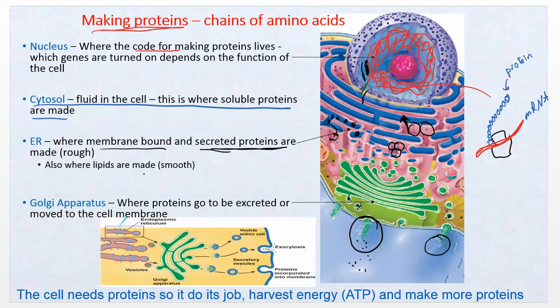Now we do have something called smooth ER, and remember when a cell starts out this big and it's got phospholipids surrounding it, and then it wants to get bigger and bigger, so it's growing. That means we had to increase the number of lipids. We had to add lipids to this outside membrane. That's what smooth ER does.